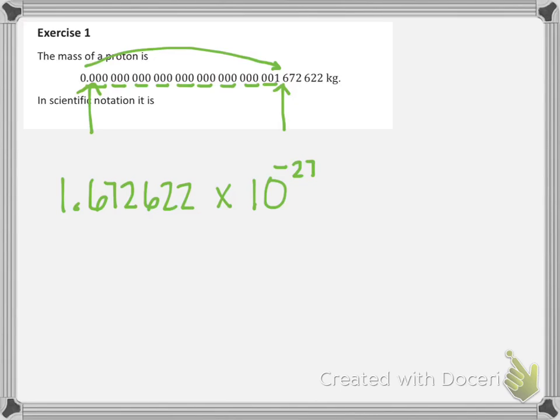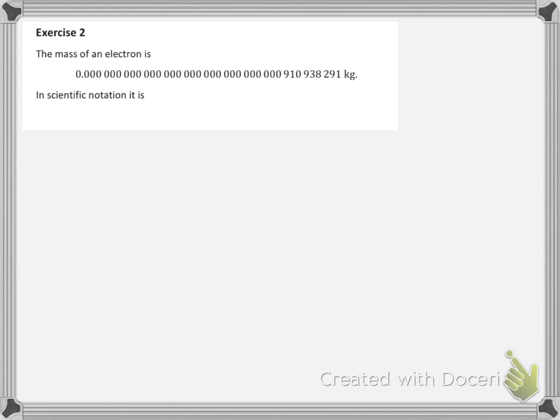Exercise 2. The mass of an electron is given as that number, and again, same thing. I'm going to move this decimal from there to there, between the 9 and the 1.